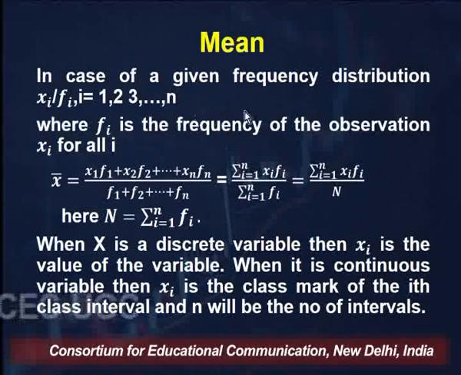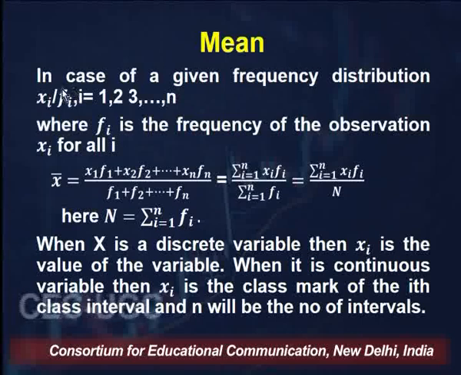Now, this was the formula when you have raw data. But suppose you are given the frequency distribution, that means the data has been grouped into class intervals, or you have a frequency distribution of a discrete variable. Then we denote that by xi fi, i equal to 1 to n.